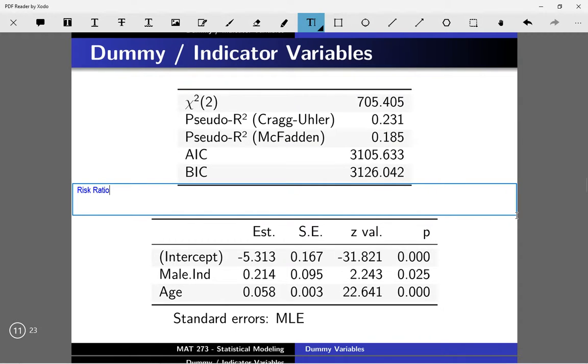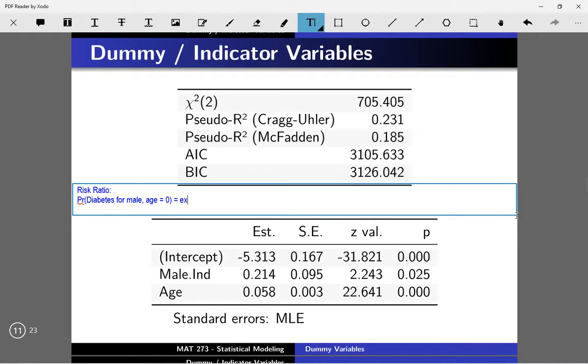So for the risk ratio, first, what we want to get is the probability of diabetes for a male, age 0. How we get that is given by the odds over 1 plus the odds.